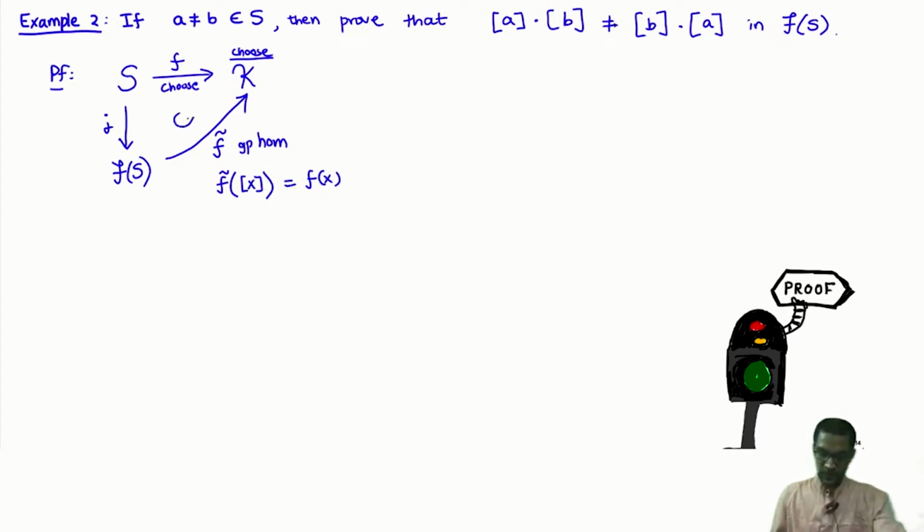So this diagram commutes. That was what the universal property said. And there is a uniqueness as well, which we won't really need in this example. Okay, so if you choose K and F cleverly enough, you should be able to prove what we need to prove, in this case, that these two are not the same. Okay, so let's do that.